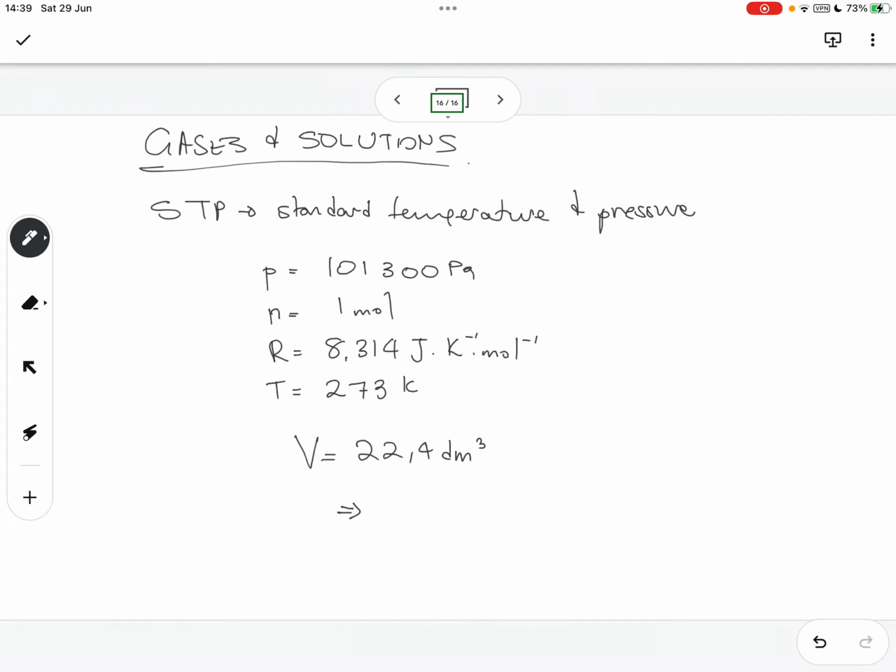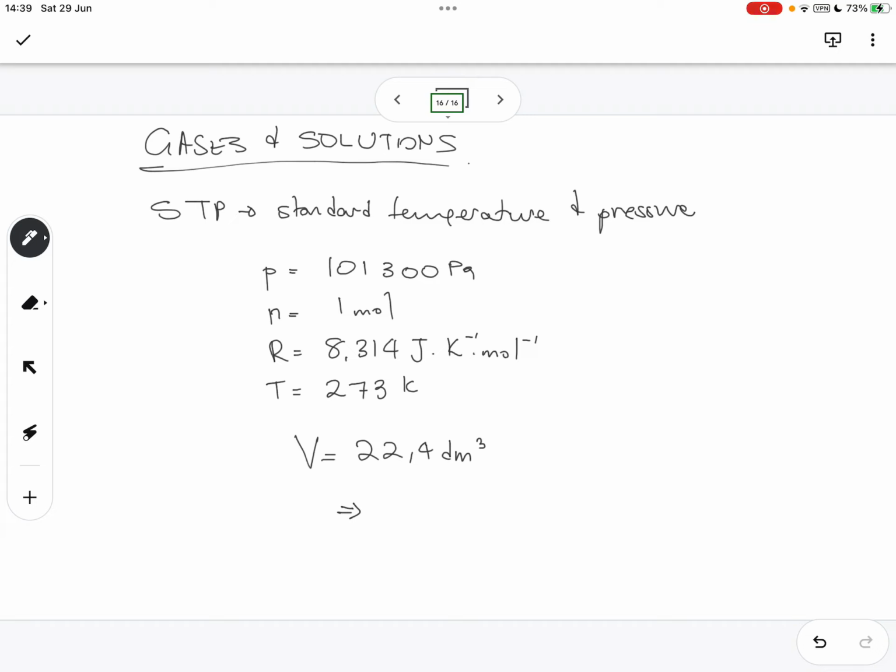So that means for 1 mole of gas, 1 mole having the same number of particles expressed by Avogadro's number. And Avogadro's law is that for different gases, the number of particles in the same volume is the same regardless of the chemical that we're looking at.